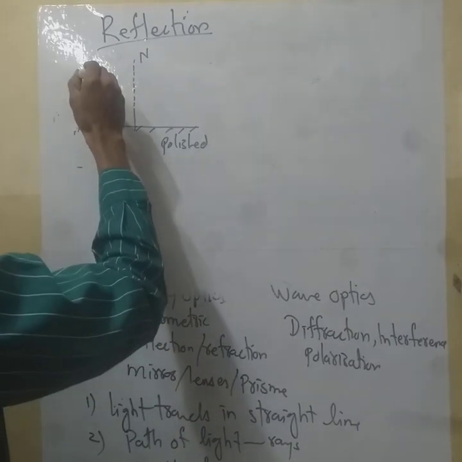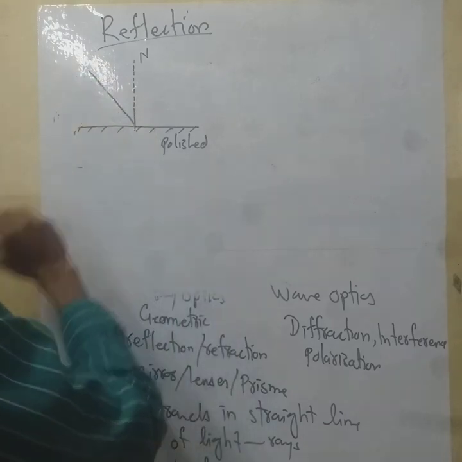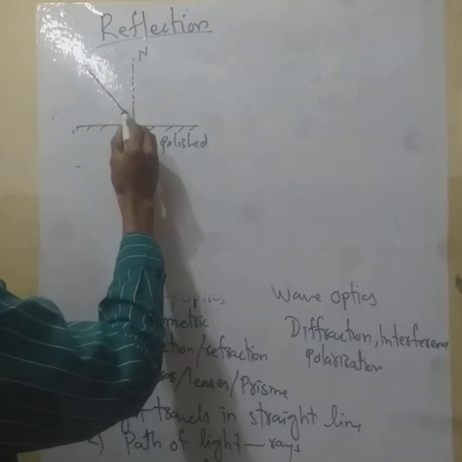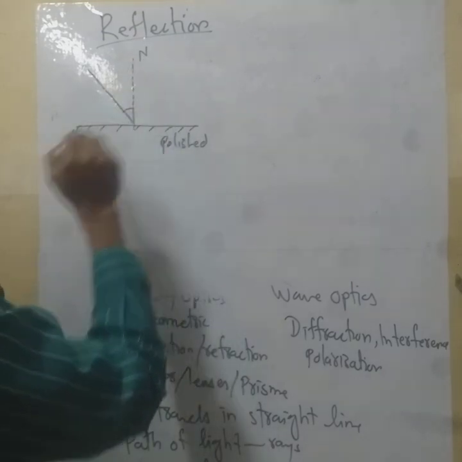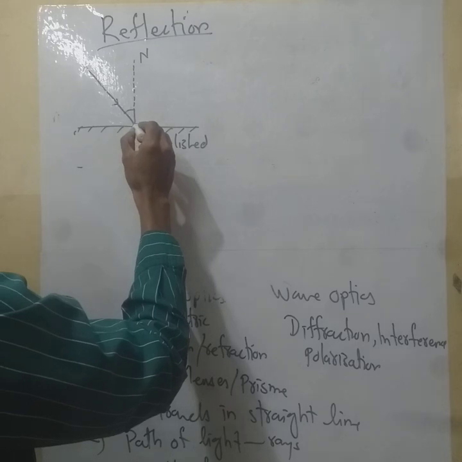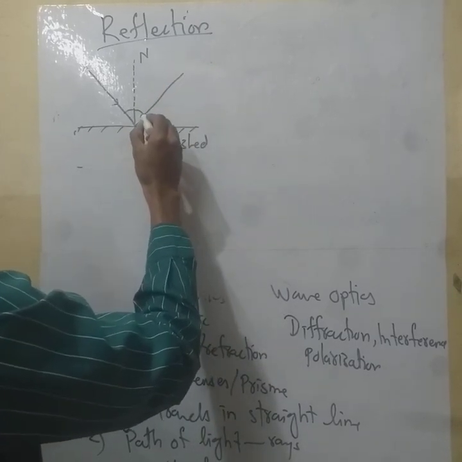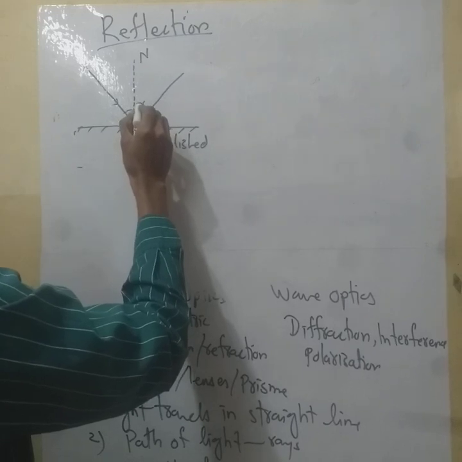Suppose a light ray is incident on this plane surface making some angle with the normal. This is the incident light. This light gets reflected with the same angle, that is called the angle of reflection.